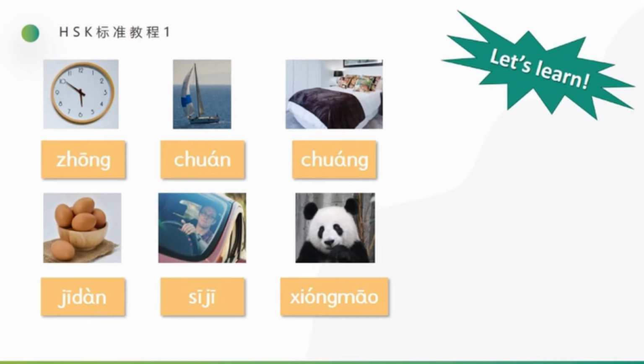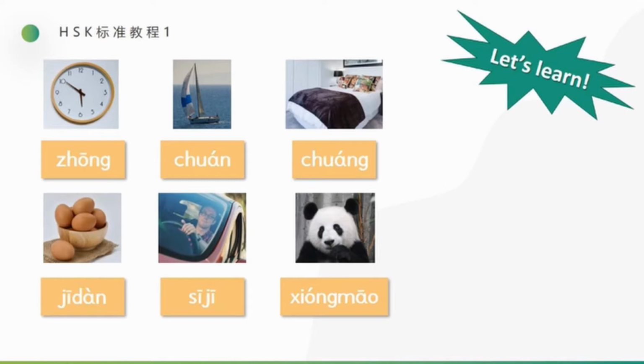This one, 钟, it's clock. 船, the boat. 床, the bed. 这个是 what's this? 鸡蛋, right? It means egg, 鸡蛋.